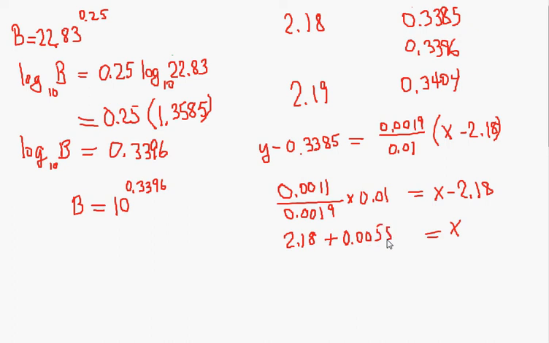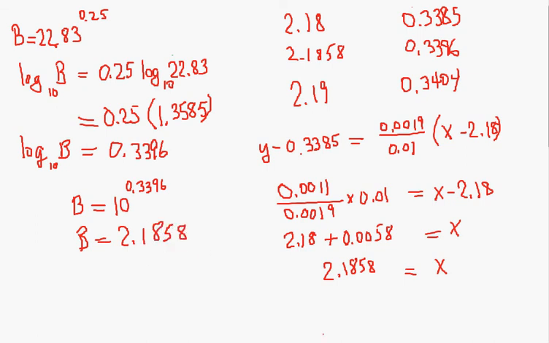And so x would be equal to 2.1858. So 2.1858 would be the anti-logarithm of 0.3396. So my answer for b is 2.1858.